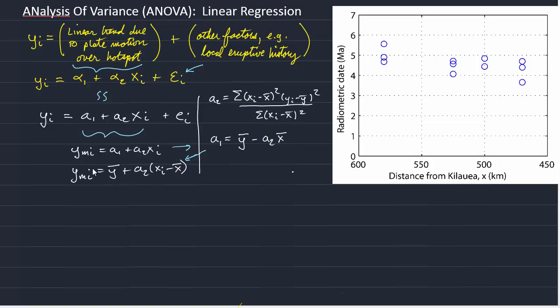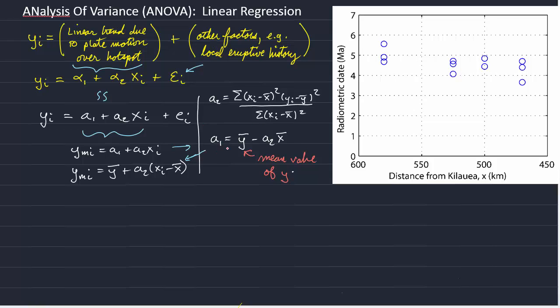Just a little more background. A1 can be described as the mean value of y minus the slope times the mean value of x. And I'm changing notations here. I'm going back to using the bar as describing the mean, instead of the caret, which was in another video.